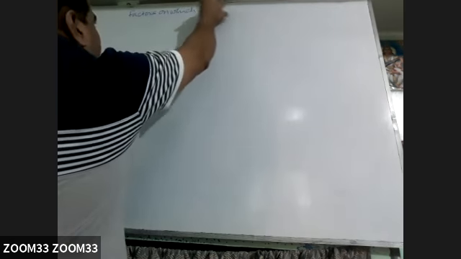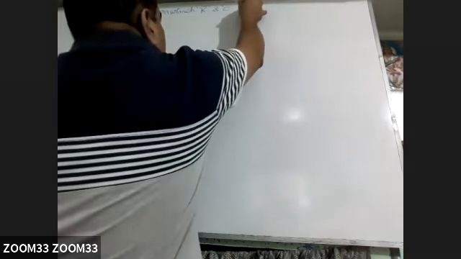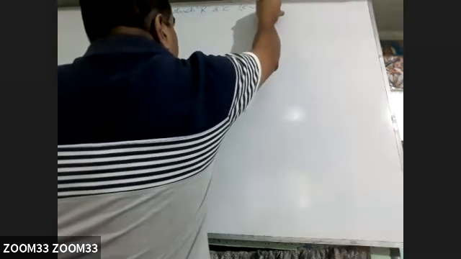Now, factors on which R depends. G is how much? 1 by R only.